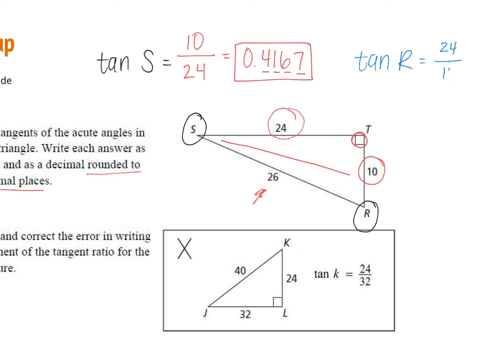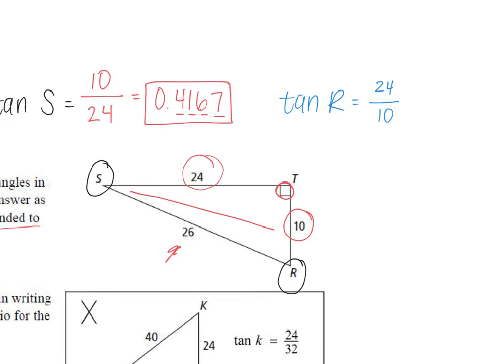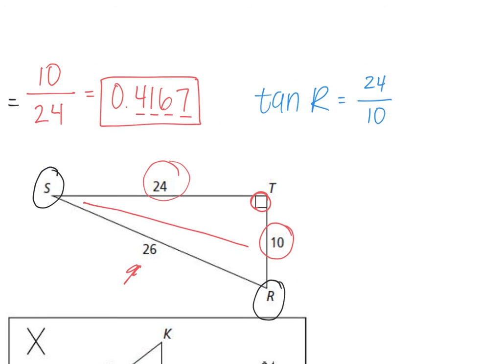There we go. Where'd you get that 5 from, Kev? I don't know. Now, if we were to reduce this fraction or simplify the fraction, right? This would actually be 12 over 5, okay? We could divide both the top and the bottom by 2. Do you see that? But other than that, I don't know where the 5 came from, Kevin.